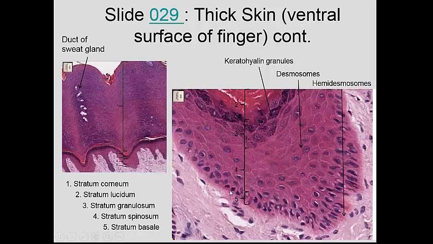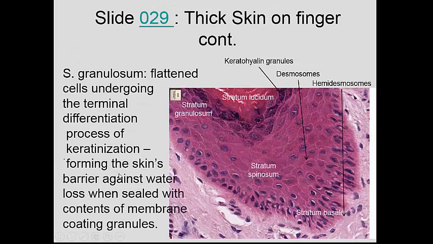And then the basale. The basale is the basal layer that actually sits on the basement membrane that interacts with the dermis, and it has hemidesmosomes, as opposed to desmosomes that connect two cells. Hemidesmosomes connect the epithelial cell to the underlying connective tissue that we see there. So this is the keratohyalin granules, and this is the keratinized stratum corneum, as we can see.